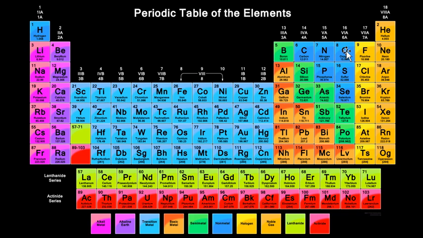Oxygen family will have electronic configuration 2p4, halogen family 2p5, and noble gas neon configuration will be 2p6. So in all these elements, the last electron comes into the P subshell, due to which they are called P block elements.